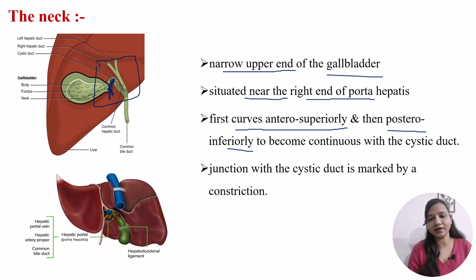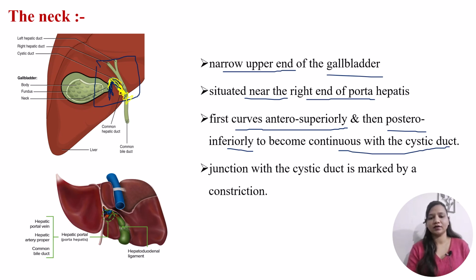Okay, and then again it is curving from posterior to inferior to become continuous with the cystic duct. So there are two curves of the neck. First is antero-posterior and second one is postero-inferior, and then it becomes continuous with the cystic duct.